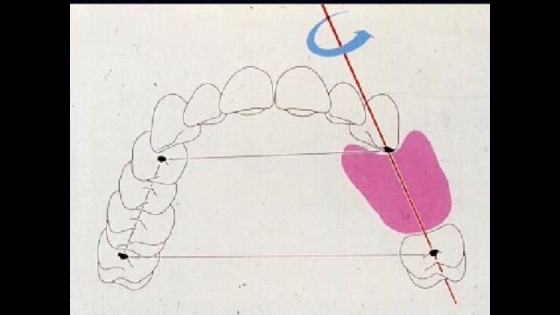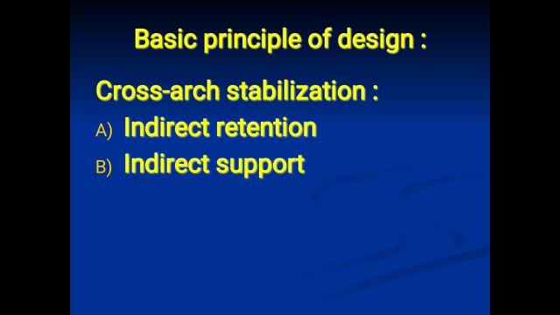A fulcrum is an imaginary line which runs through two principal rests or principal abutment teeth. How are we going to restrict the amount of movement? By adding cross arch stabilization. That means we are connecting the removable partial denture components from one side of the arch to the other side of the arch.